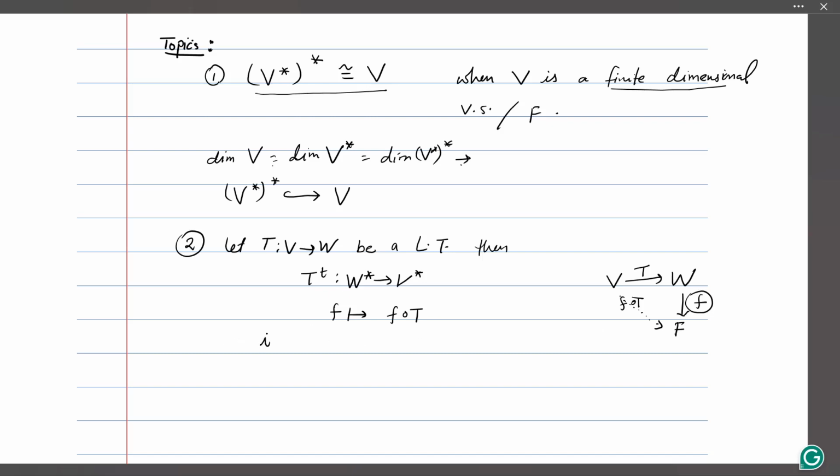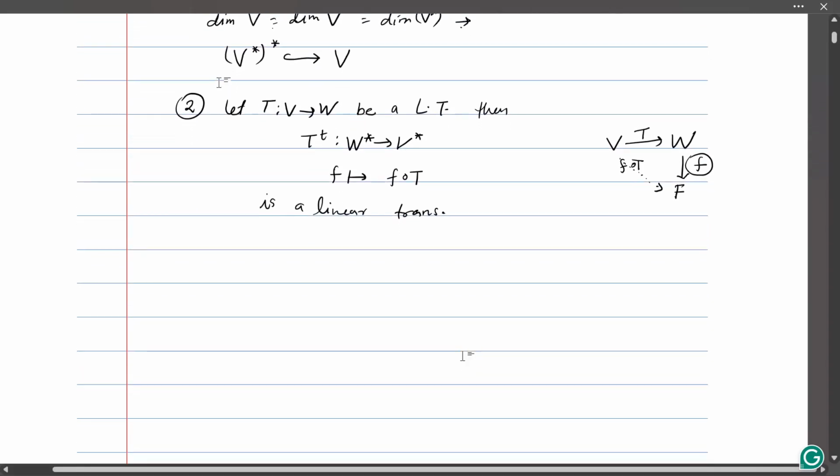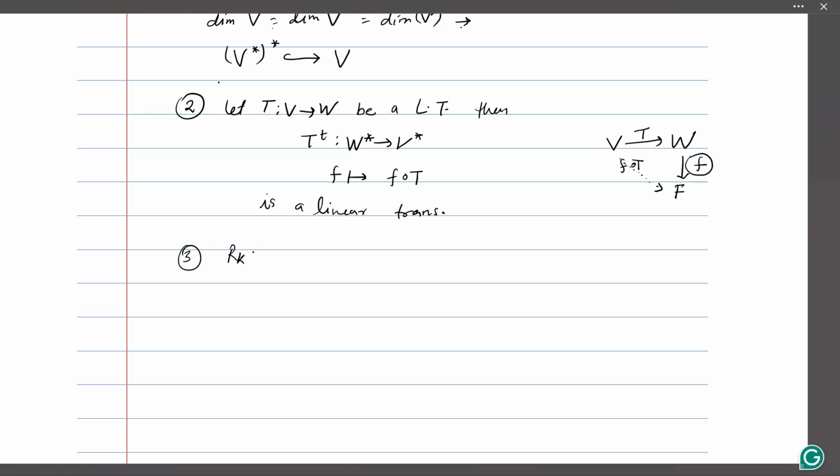This is a linear transformation on W star, because W star and V star are vector spaces. It was shown in the class that T transpose defined like this is a linear transformation, and then it was discussed what is the rank of T and T transpose. They were equal. Okay, rank of T is the same as rank of T transpose.